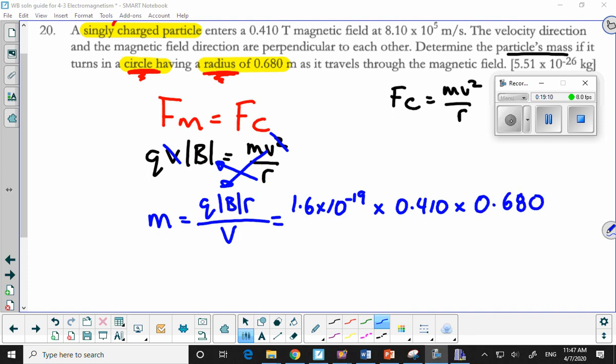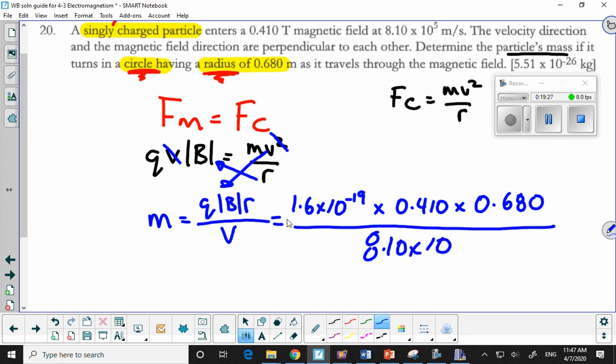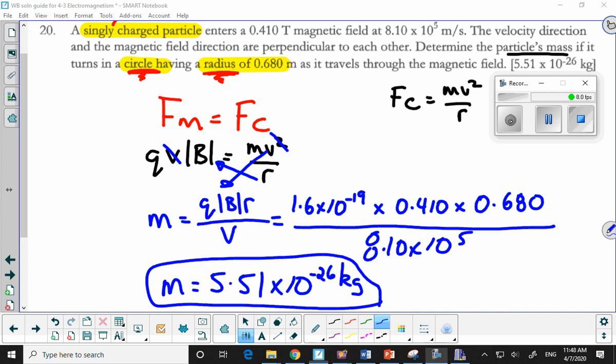Nicely, good old buddies, Kennedy Oswald gave us our radius in meters, not given to us in centimeters for another thing to mix up, 0.680 meters, and this was traveling at a speed of 8.10 times 10 to the 5 meters per second. When I put that in my calculator, I got 5.51 times 10 to the minus 26 kilograms. Hit pause, take a few minutes, copy that down, double check my calculations, Mr. Oswald as well, and make sure that we did them correctly.